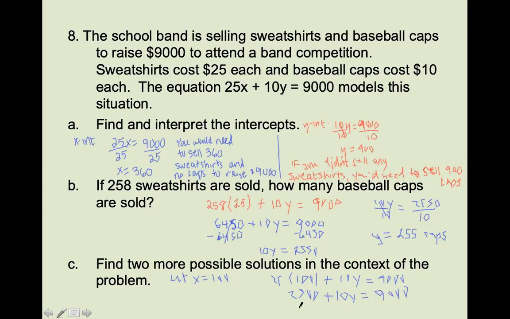So subtract 2,500 from both sides. That gives us 10y is equal to 9,000 minus 2,500, equals 6,500.